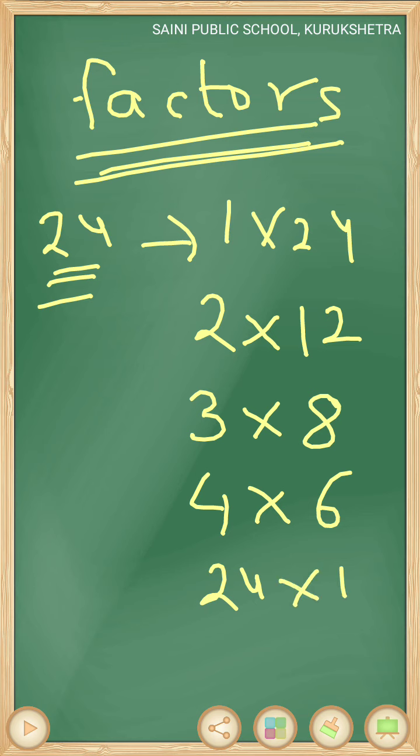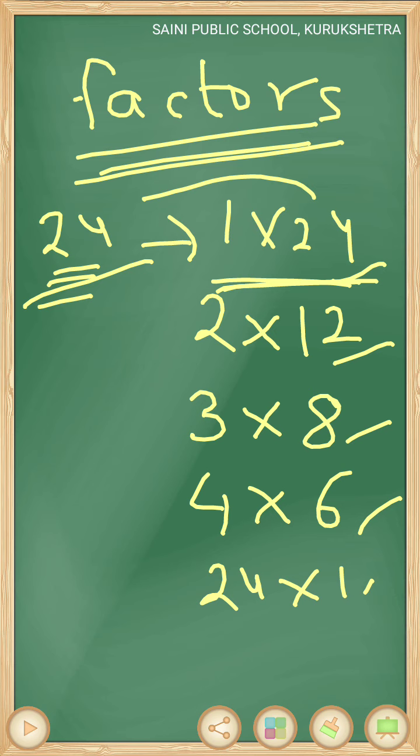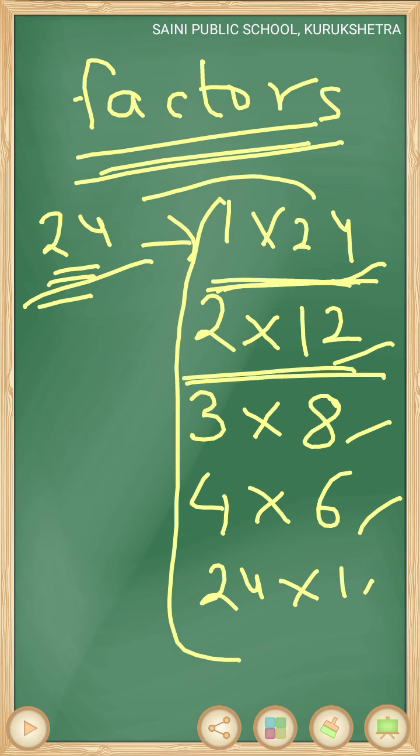There are pairs of numbers whose product is 24. 24 into 1, 12 into 2, all pairs give the product 24.